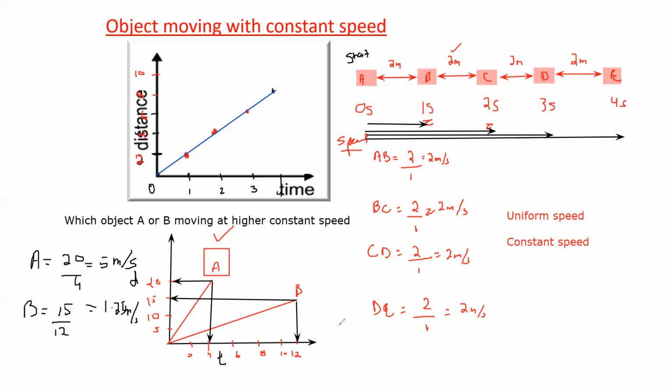Is it clear how we work out that objects with a steeper slope are moving faster? A distance time graph which shows a steeper slope, or a greater slope or angle, shows that the object is moving at a higher speed. Is it clear?